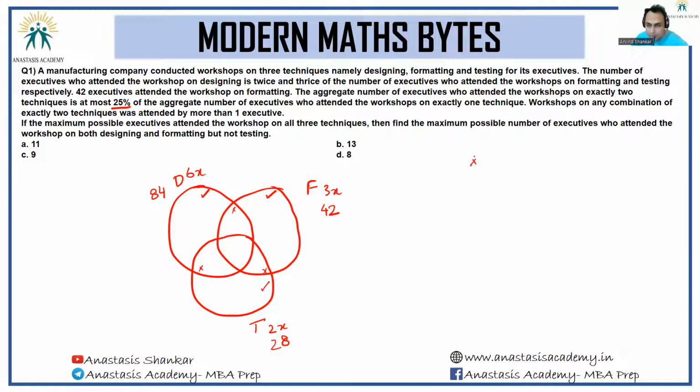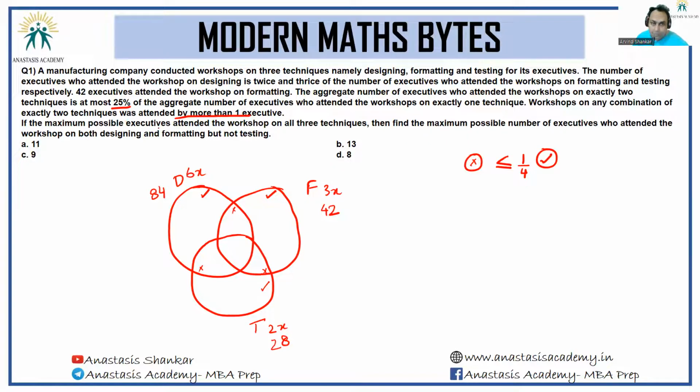We know the crosses have to be less than equal to 1/4 of ticks. Okay. Workshops on any combination of exactly 2 techniques was attended by more than 1 executive. Okay, so each of these crosses have to be at least 2. By more than 1 executive would mean each of these crosses are at least 2.